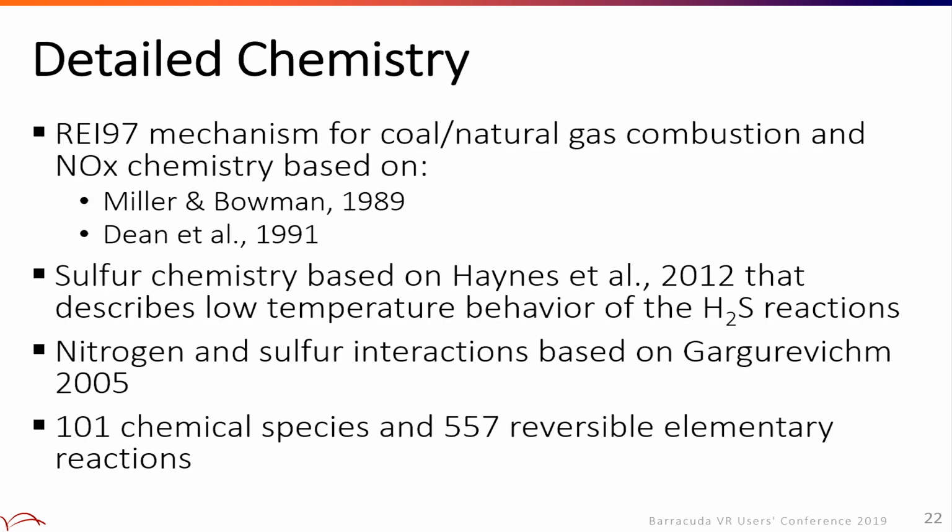And going back to the reduced mechanism development, we have to have a detailed chemistry first. So we used the REI97 mechanism, which combines coal, natural gas combustion and NOx chemistry based on this reference. And it has a sulfur chemistry as well, and the nitrogen and sulfur interactions. So we ended up with 101 species and 557 elementary reactions for detailed chemistry.